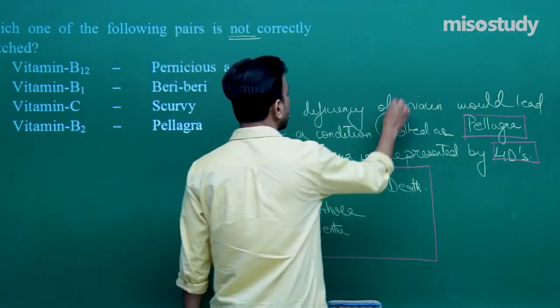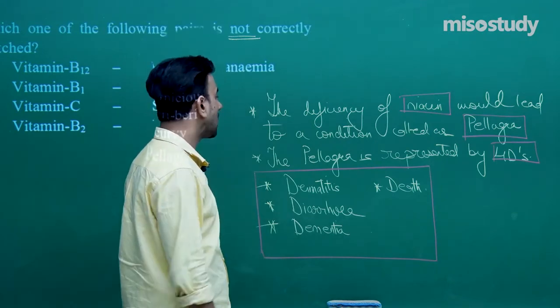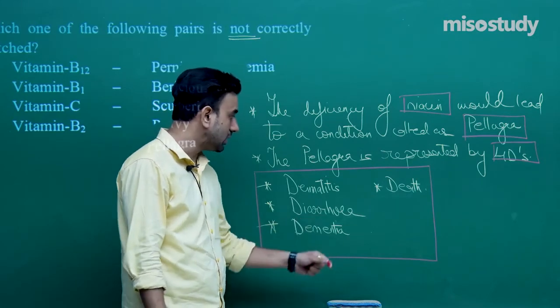So the deficiency of niacin would lead to a condition called pellagra, represented by 4 Ds: dermatitis, diarrhea, dementia, and death.